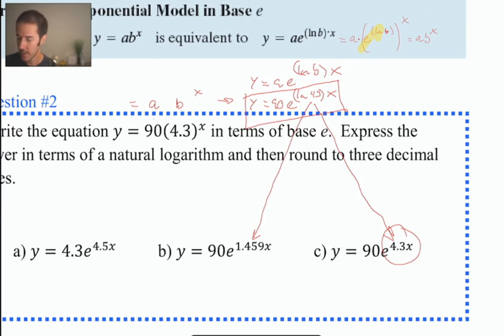Let me jump into my scientific calculator, and I'm going to clear my screen a couple times. I'll type in 4.3, then I'll hit the natural log button up in the top row, and sure enough, 1.4586. So if we round it to the third decimal place, we do get the 1.459, and it looks like B is the correct answer.